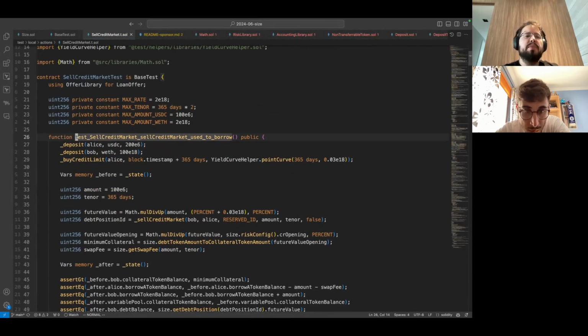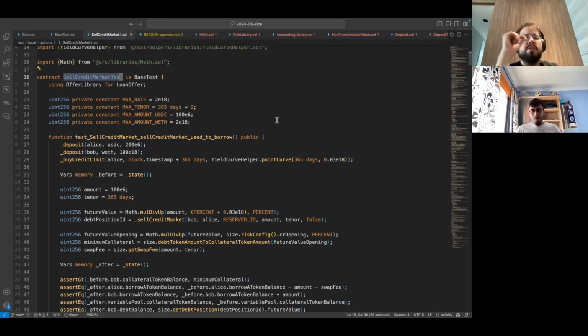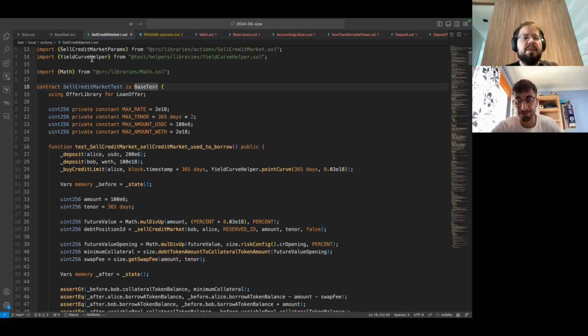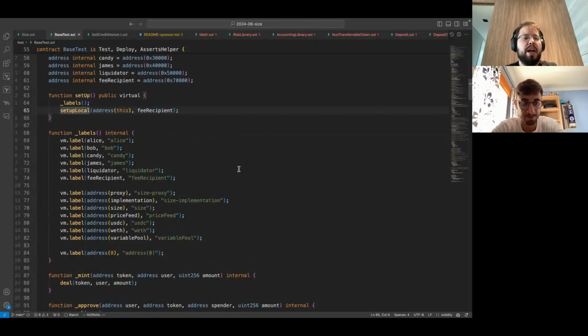So basically this is a test for the sell credit market function, which is a function used for borrowers to actively take a loan from the order book. So think about a list of lenders. There are a bunch of lenders on the order book, and then the borrower will pick a specific lender. They will pass the duration of the loan, and how much they want, etc. This extends from base test, which will on setup deploy everything.